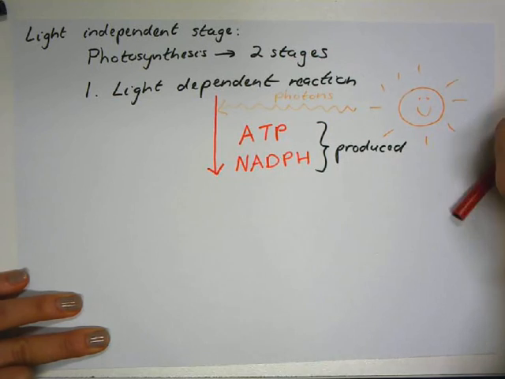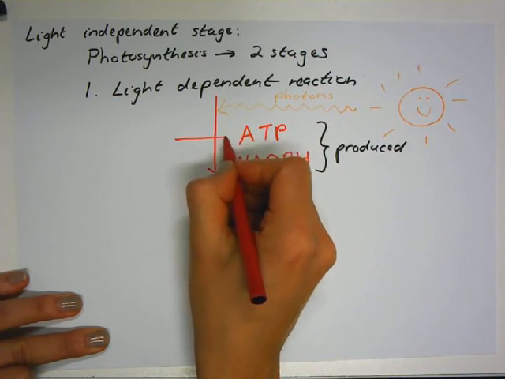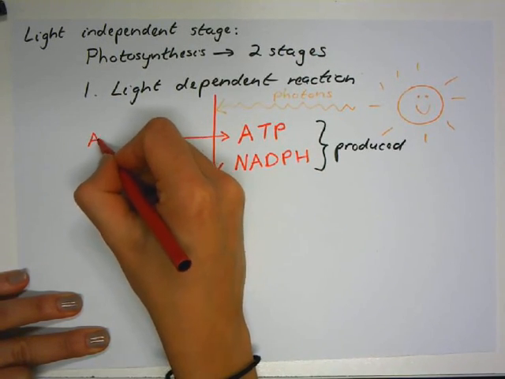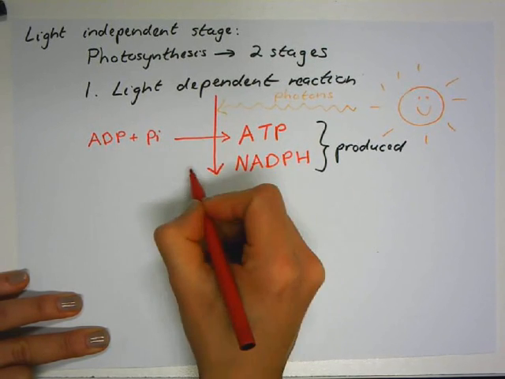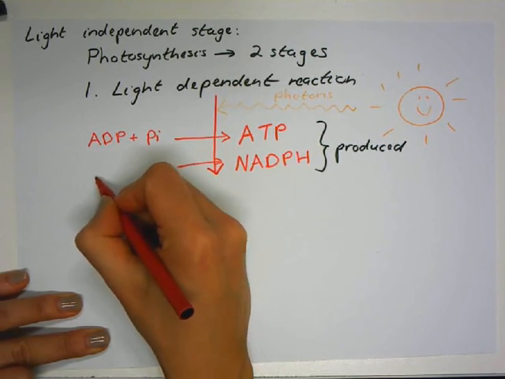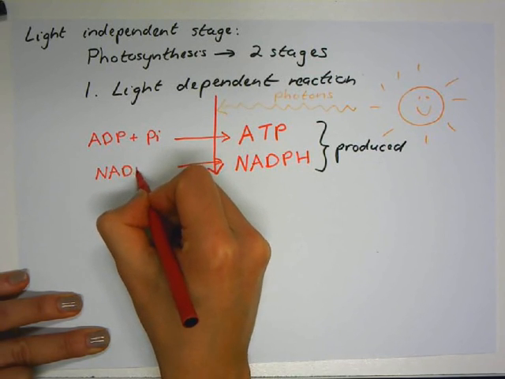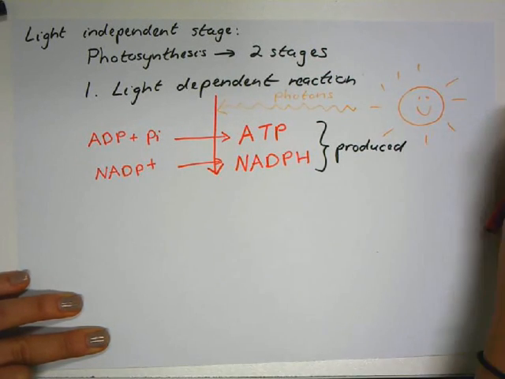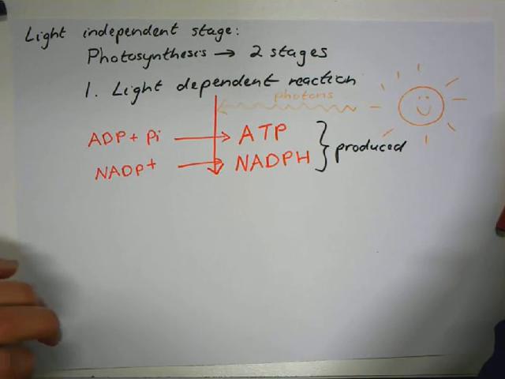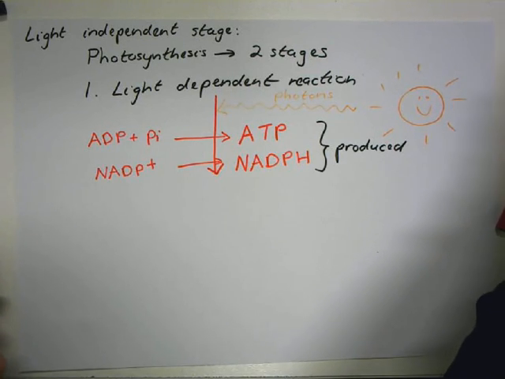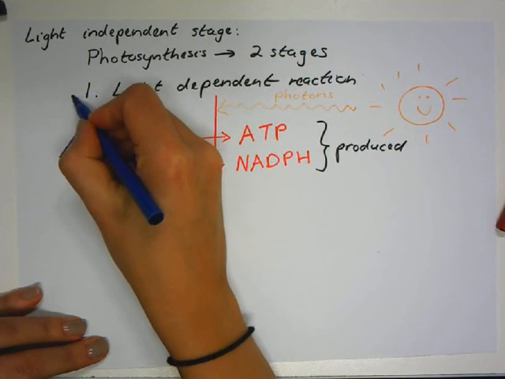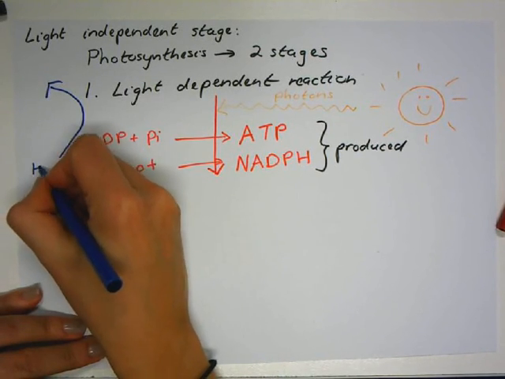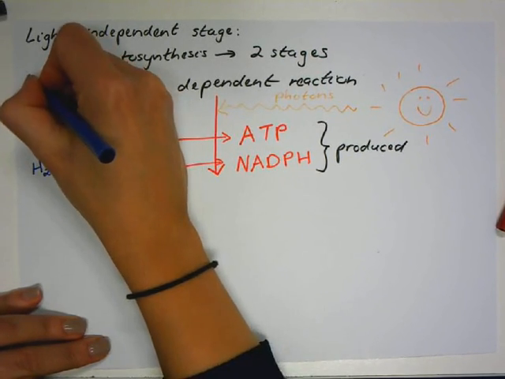Now ATP is made from the precursor ADP plus Pi, and NADPH is made from NADP+. The other really amazing process that happens is our cells, the plant cells, actually split water to make oxygen.